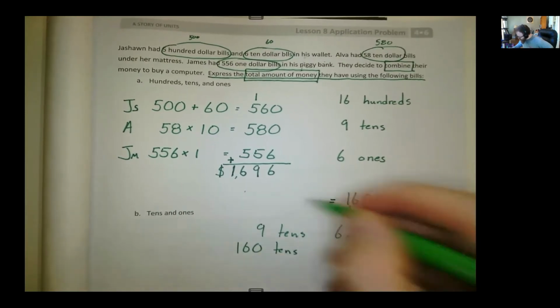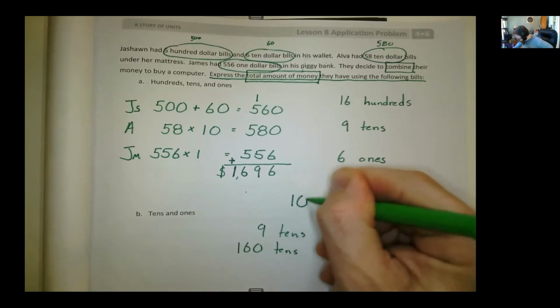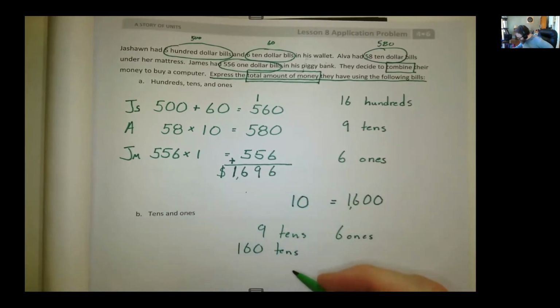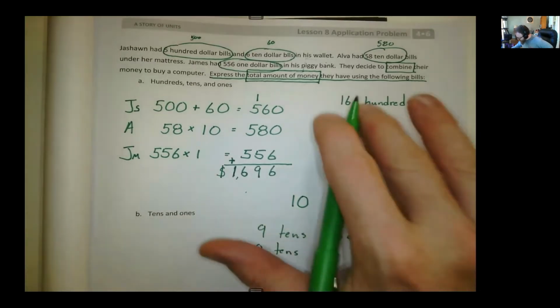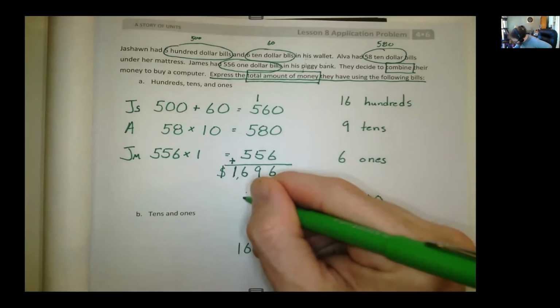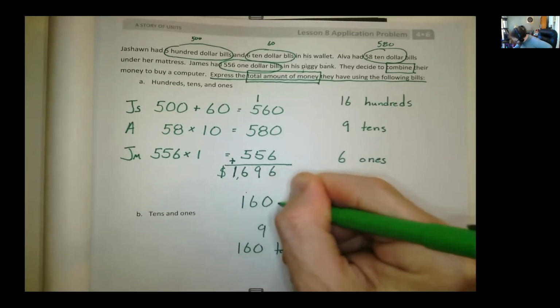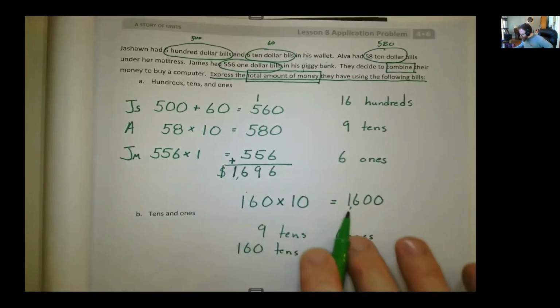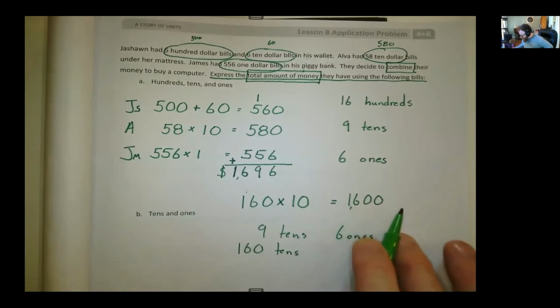If I wanted to show that with $10 bills, 16 would not be enough. 16 $10 bills would give me 160. I need 160 $10 bills to get to 1,600.